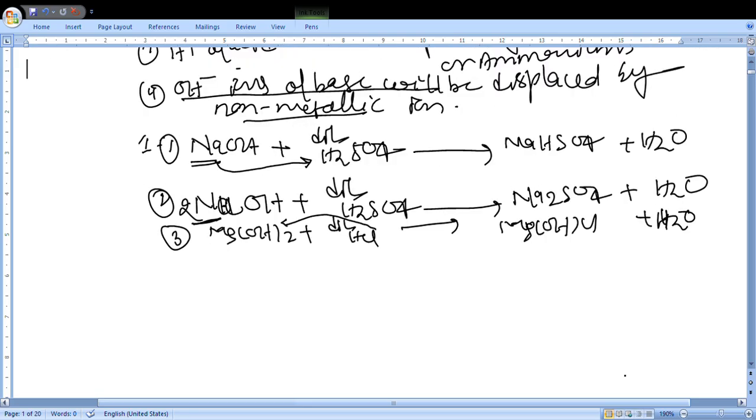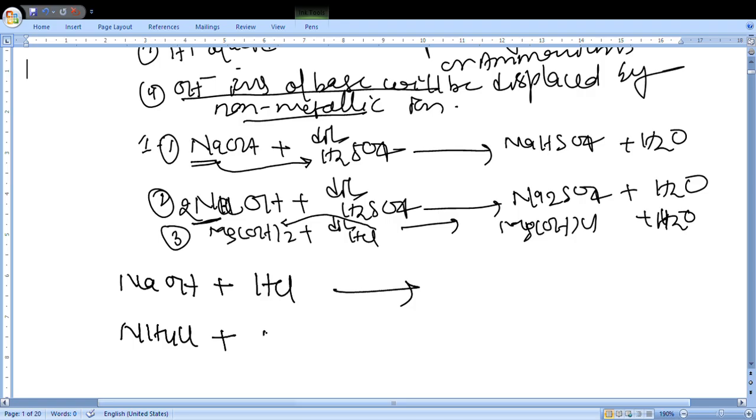So if we take an example to understand more clearly, NaOH plus dilute HCl, another NH4OH plus dilute HCl, right? So always remember that with base we always take dilute acid. NaOH has one Na positive, OH negative, and HCl has one H positive and Cl negative.